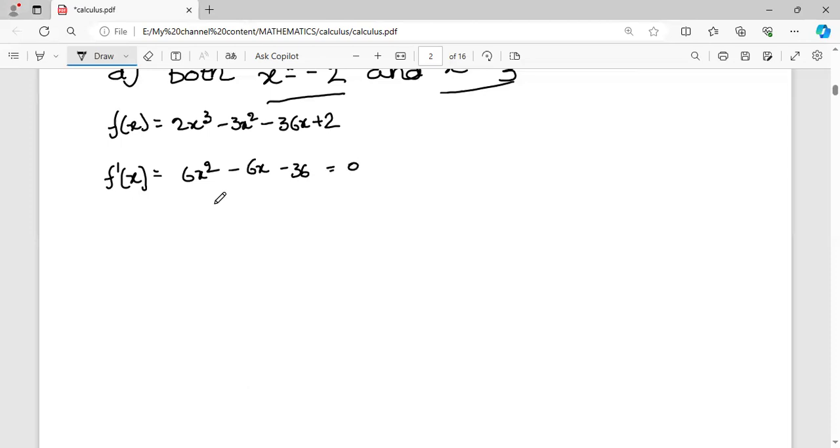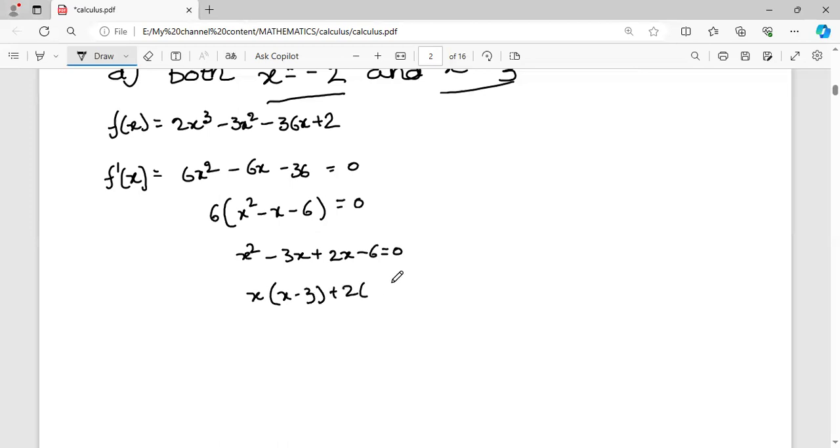Simplify this. What is the common term here? 6 is the common. Then x square minus x minus 6 equal to 0. Then x square minus 3x plus 2x minus 6 equal to 0. Then x is the common term, x minus 3, plus 2 is the common term, x minus 3 equal to 0.